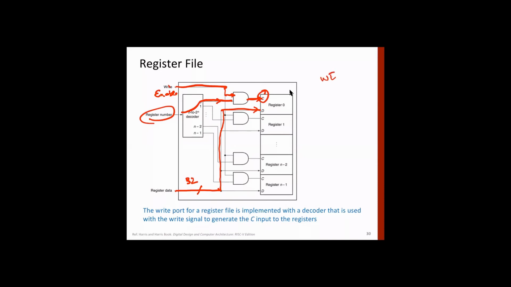This write signal comes here and becomes write enable, and only the write enable for register 0 is enabled; for the others it's not enabled. So your question is right, this has to be 32. Of course this write signal is a single bit. Earlier I had written it as 32, which was wrong. Is it clear now?